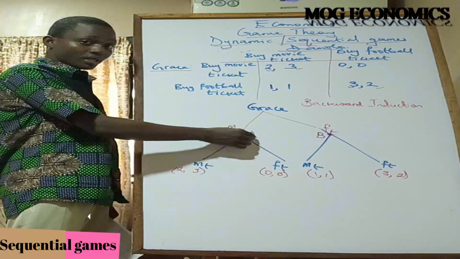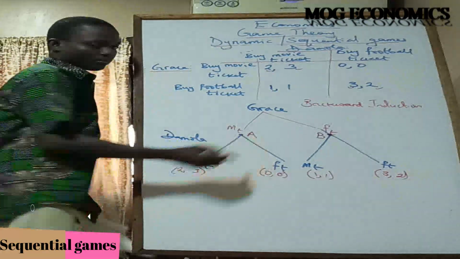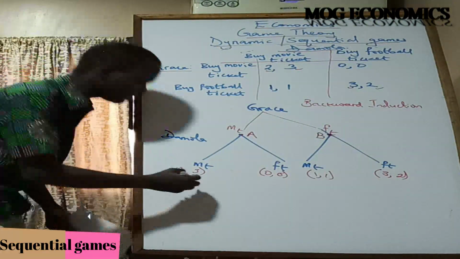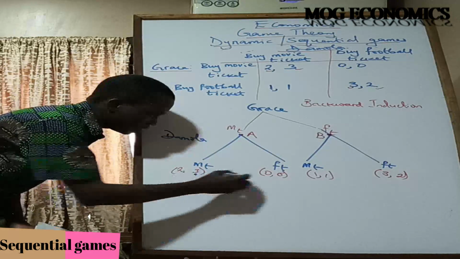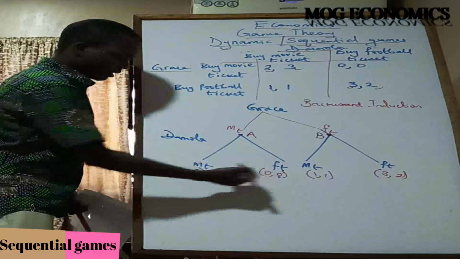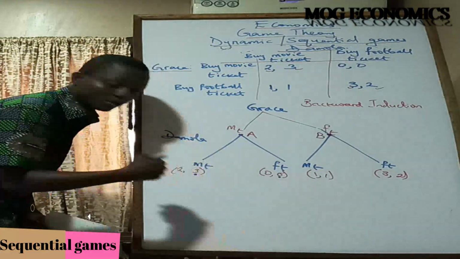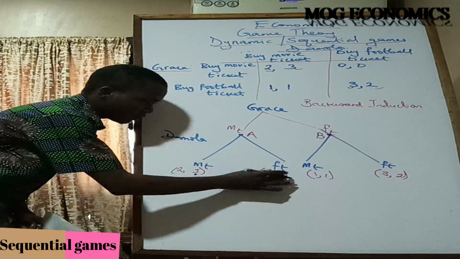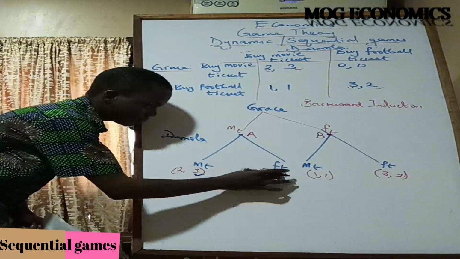At point A, what is Damola going to do? Remember that this payoff, this 3 and 0, is for Damola. So between 3 and 0, Damola will prefer, being a rational person that wants to maximize his benefit, Damola is going to pick 3, right? Because 3 is better than 0.